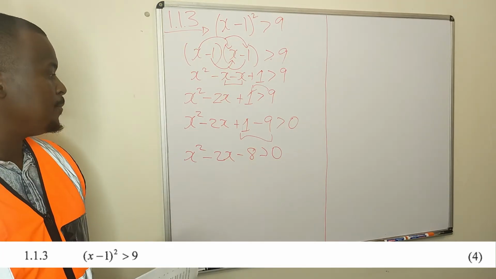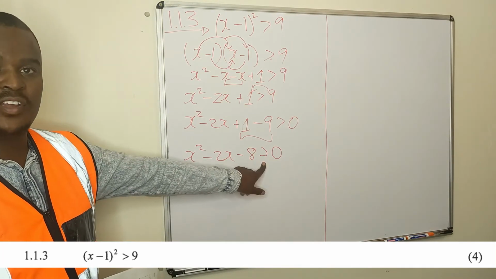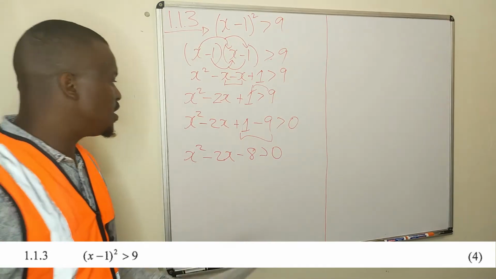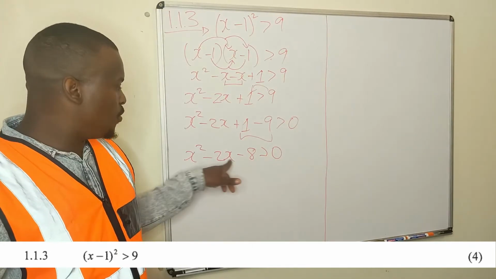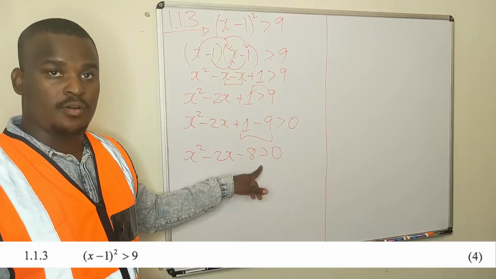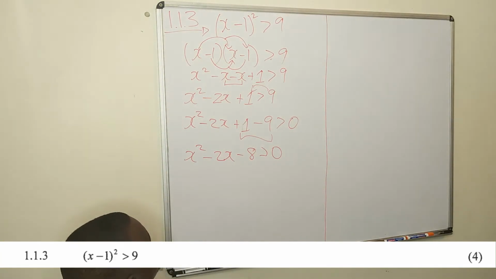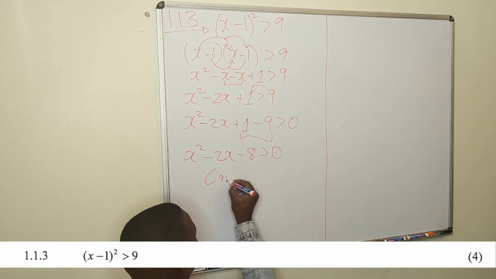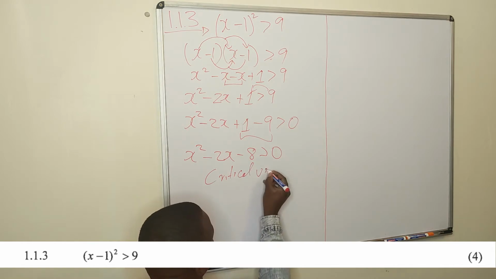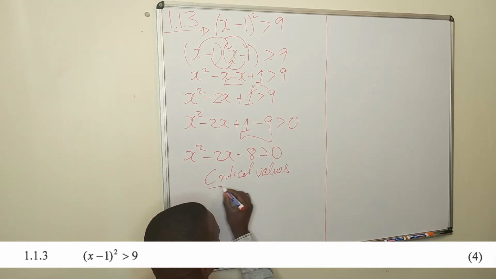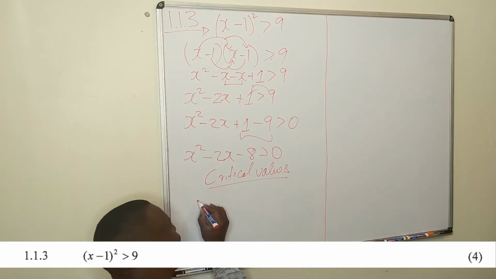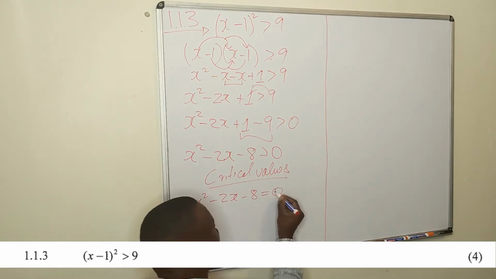So what do you do? You want to find your critical values. When you say critical values, you allow this equation of yours to equal 0.